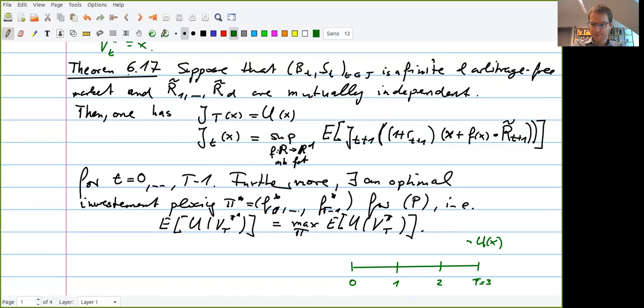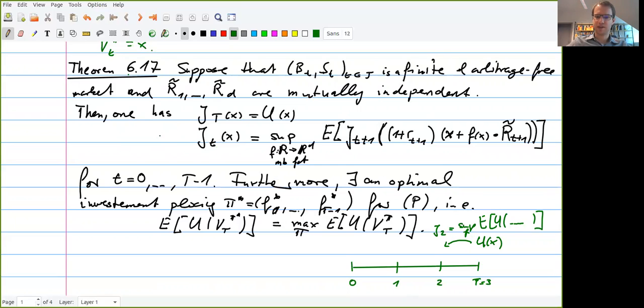And what we do now is we go back one step. My J_2 is equal to the supremum over f of the utility function applied to the wealth generated by my decision rule f. At time 2, the second last time, I maximize just over this period.